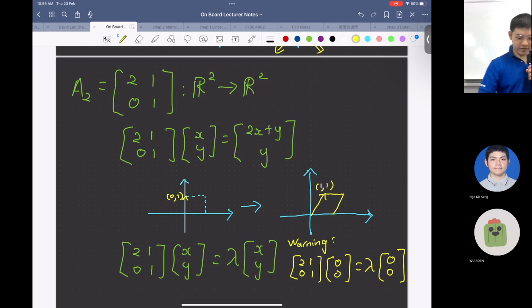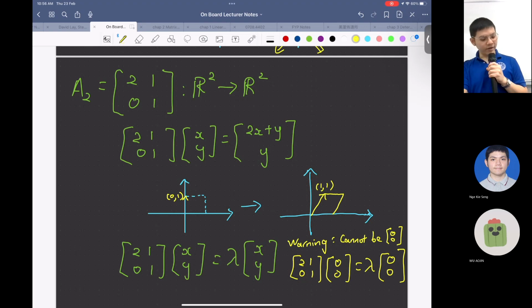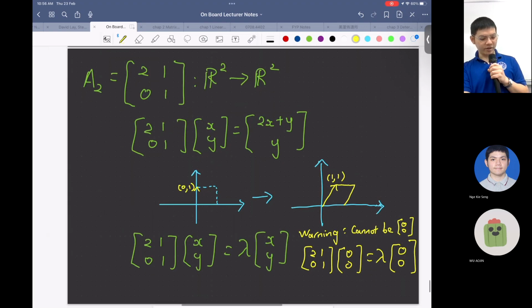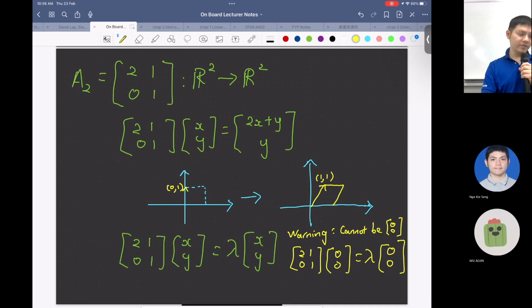So what x, y can you put such that when you multiply by the matrix, you get some number times back itself?